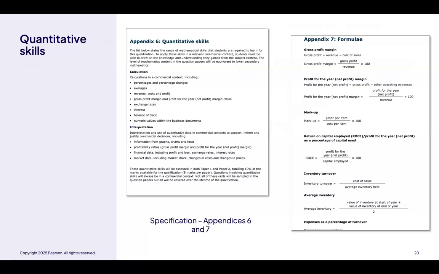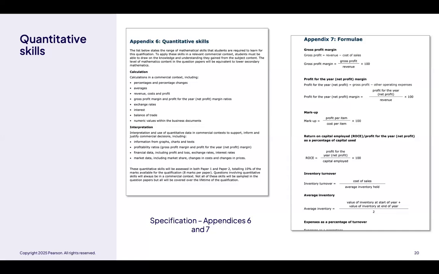Can I also draw your attention to appendices 6 and 7? Quantitative skills run through the course. So students need to know some formulae. There will be calculate questions on every paper. And again, I think this is another great resource for your students.